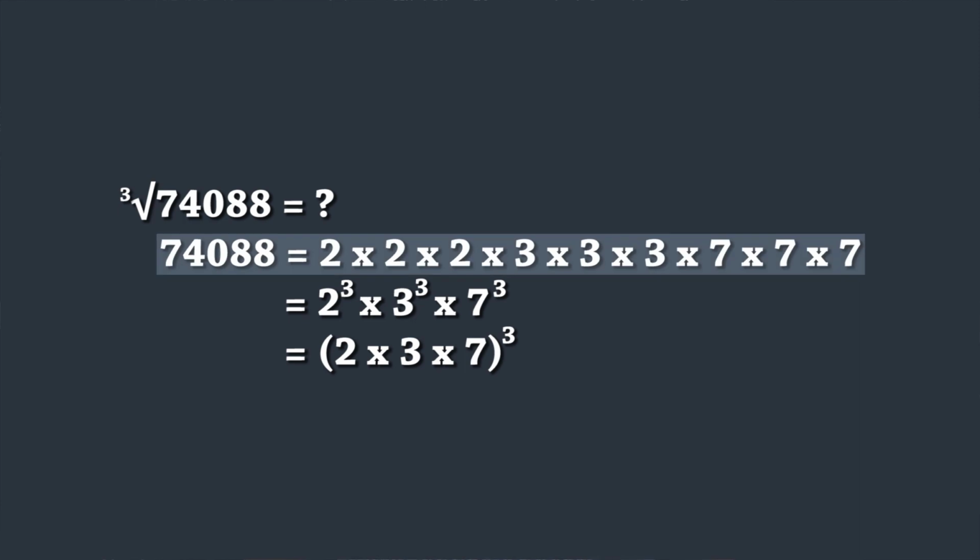74,088 is equal to 2 into 2 into 2 into 3 into 3 into 3 into 7 into 7 into 7. That is equal to 2 cube into 3 cube into 7 cube. That is equal to 2 into 3 into 7 whole cube.